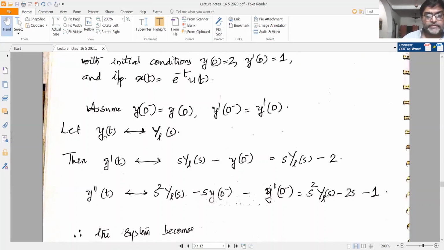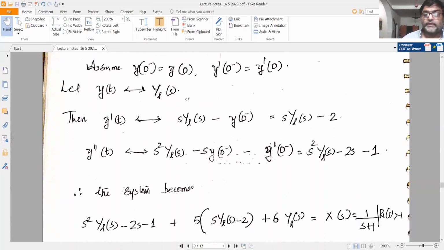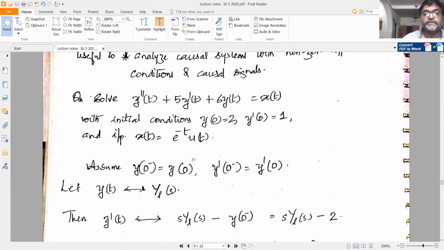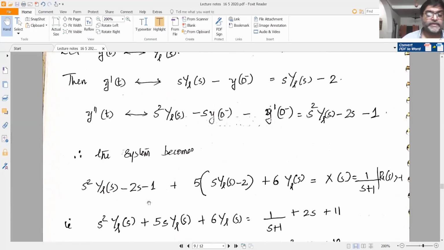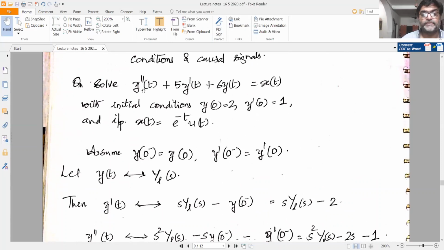So let us consider that y of t has got a unilateral Laplace transform given by yl of s, and x of t has got a unilateral Laplace transform given by xl of s. So you can take the unilateral Laplace transform of this equation throughout.